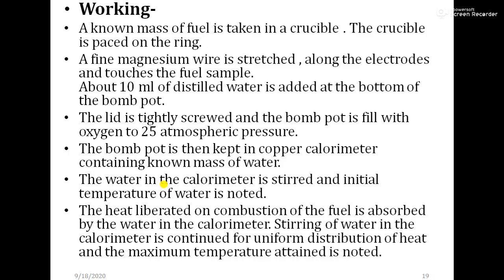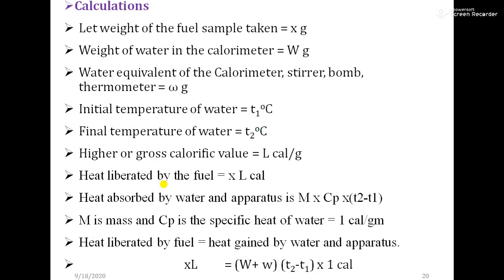Then calculation, you can see here, let the weight of the fuel sample taken is x gram, then weight of the water is W gram, then water equivalent of calorimeter, stirrer, bomb and thermometer is omega. So what is water equivalent?